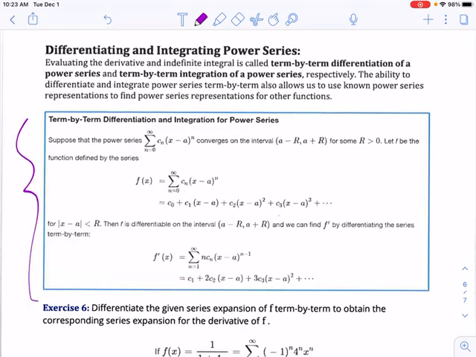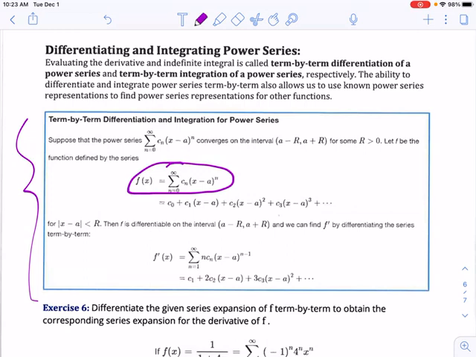This is telling us that if we have a function that can be represented by a power series, and this power series is centered at a, that we can differentiate term by term.